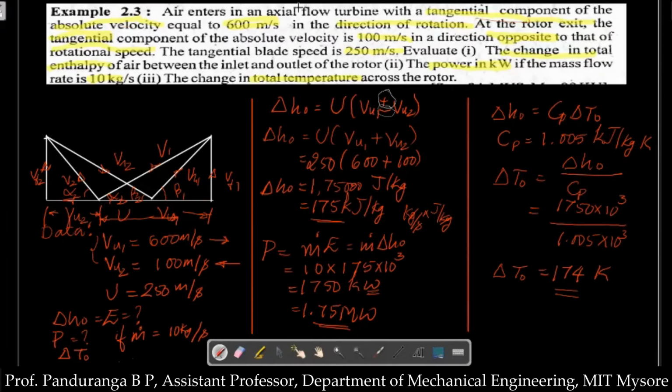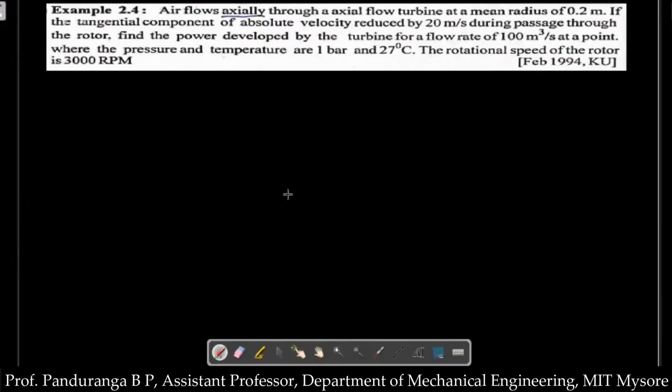So I'll go to the next one. Here, air flows axially through an axial flow turbine at a mean radius of 0.2 meters.